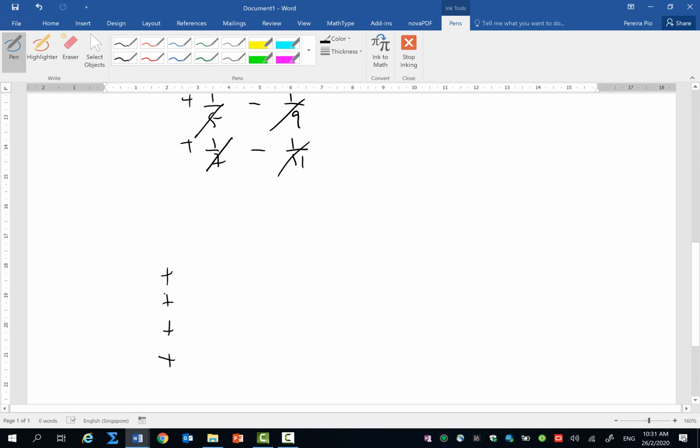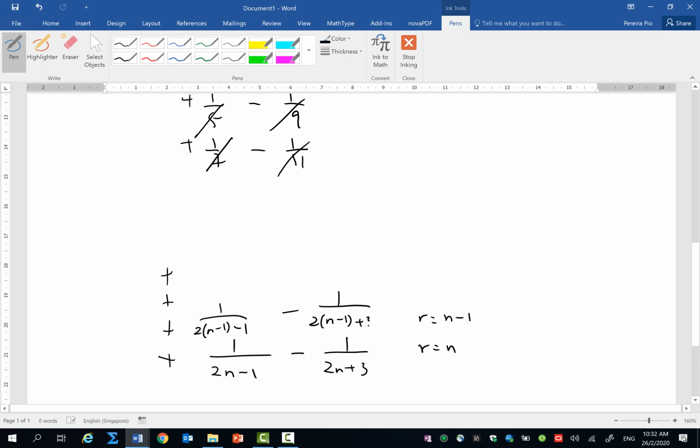So I'm going to write it backwards. This is 1 over 2n minus 1 minus 1 over 2n plus 3. Then this is r equals n. Then r equals n minus 1, which gives 1 over 2(n minus 1) minus 1 minus 1 over 2(n minus 1) plus 3.